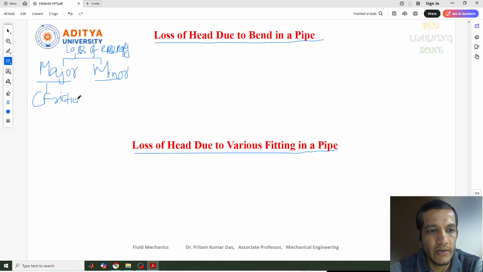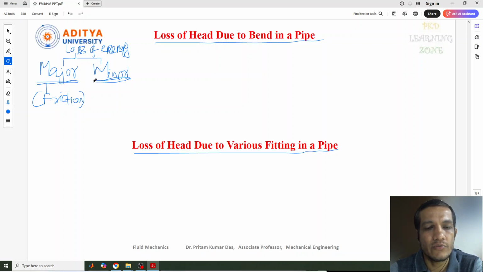To identify this major loss, we have followed two methods: one is Chezy's formula, another is the Darcy-Weisbach equation. By these we can calculate the major loss in pipe flow. Minor loss occurs due to a few conditions.